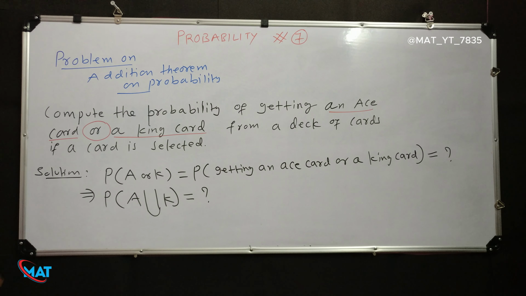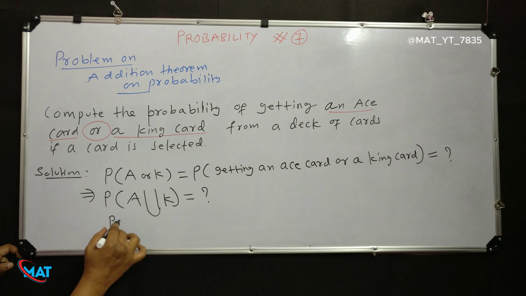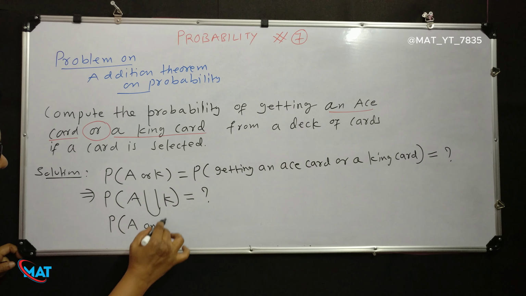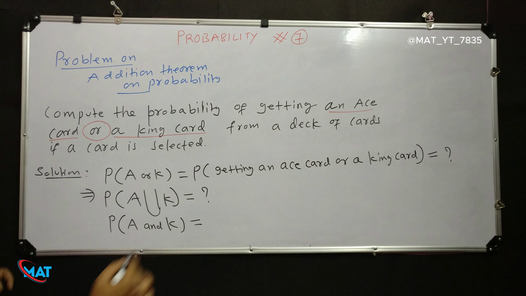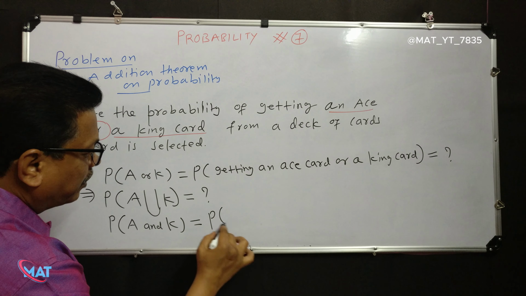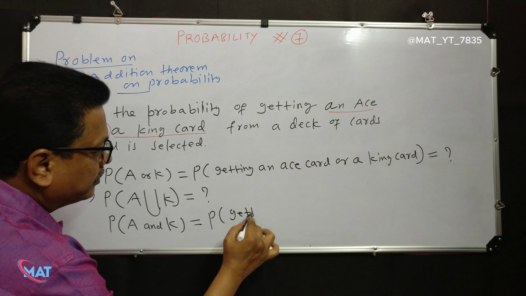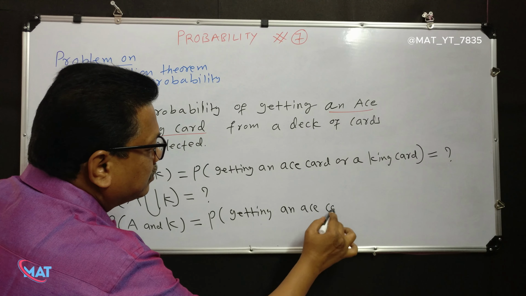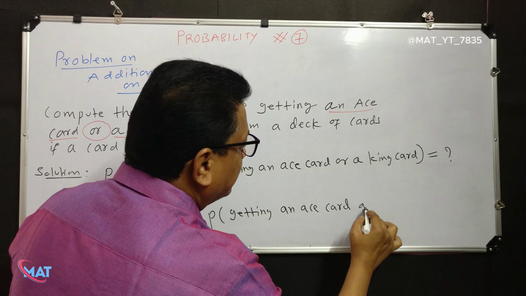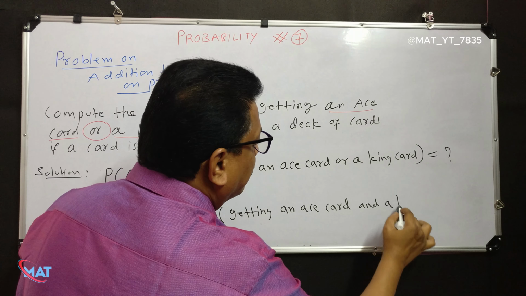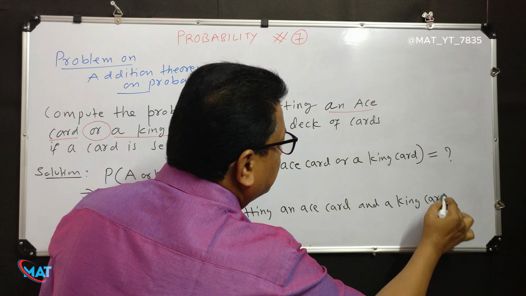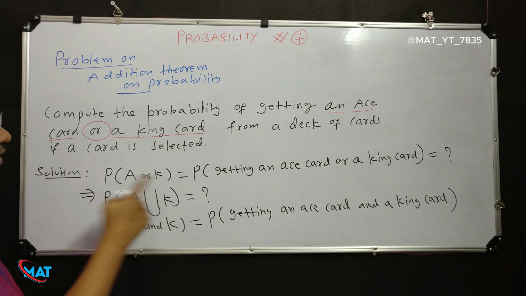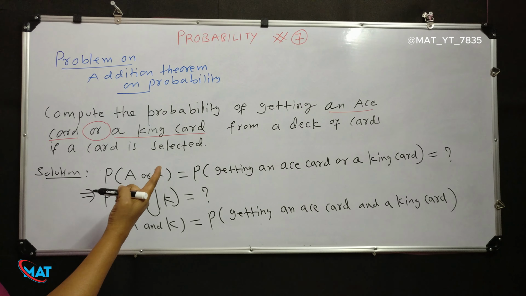this third one, and fourth one, probability of A and K, meaning probability of getting an ace card and a king card. Because only one card is being selected from the deck.